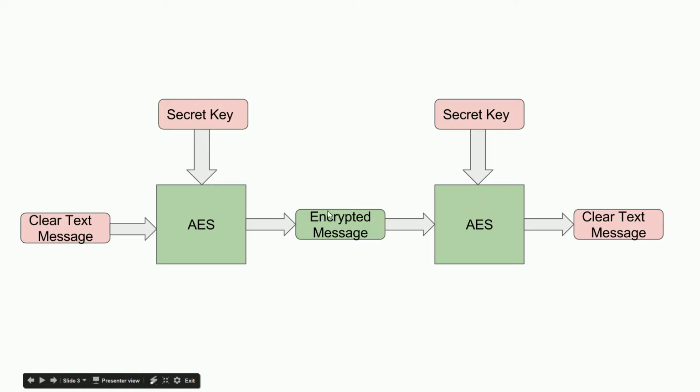You can then run the encrypted message through the AES decryption function with the same secret key to get the original message back out. Pretty standard stuff. But what's interesting here is that it's the same key used to encrypt and decrypt. So this is called a symmetric cipher.